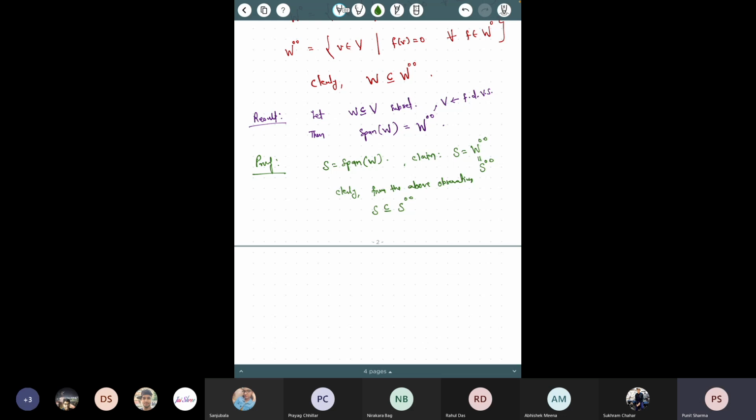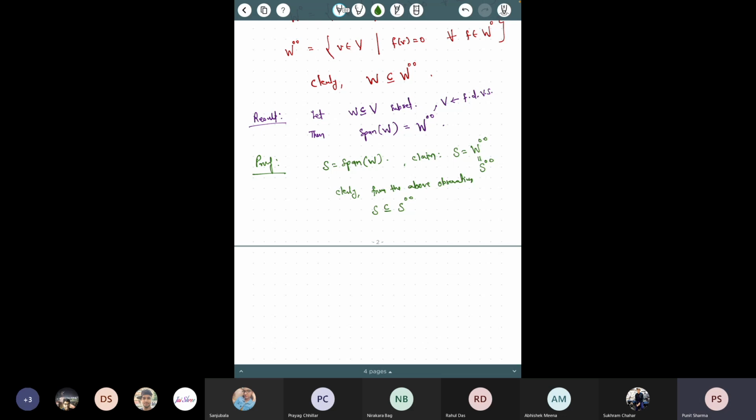V is a finite dimension vector space. S is a subspace of V, so it's finite dimensional. S double annihilator is also a finite dimension subspace. If I show that the dimension of S is equal to the dimension of S double annihilator, then I am done, because we have two subspaces, one a subset of the other, with the same dimension.